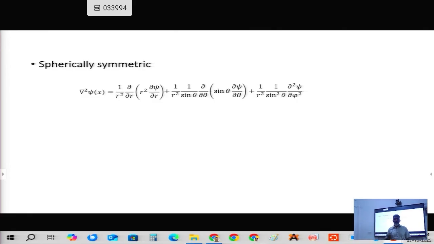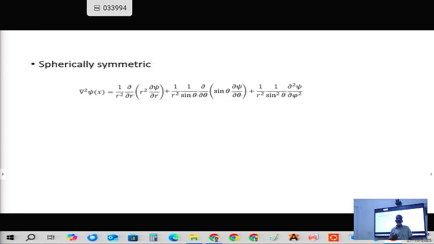If you have a spherically symmetric case, you usually use spherical polar coordinates. I'm not going to derive it mathematically, which you can try out. So the del square, the Laplacian operator, which is the second partial derivative with respect to the position vector, is given by this expression for spherical polar coordinates r, theta, and phi.